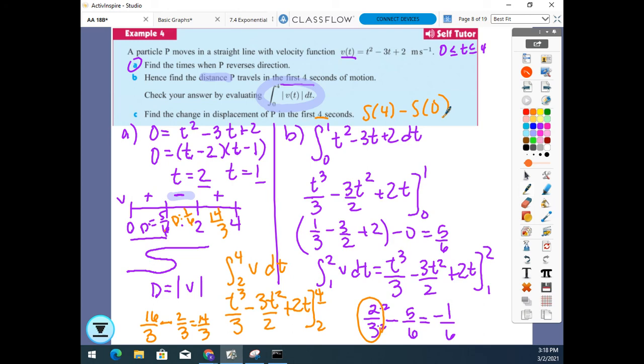So if we look at this right here, basically we're going to take our 5/6 minus the 1/6 plus the 14/3. Displacement can be positive or negative.